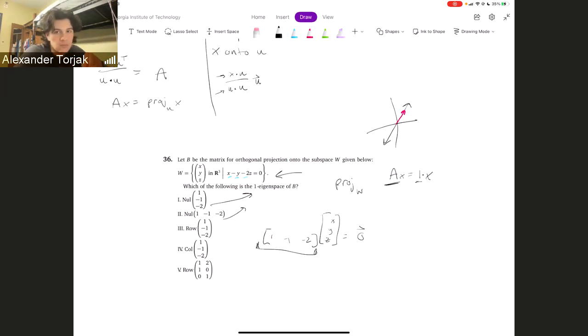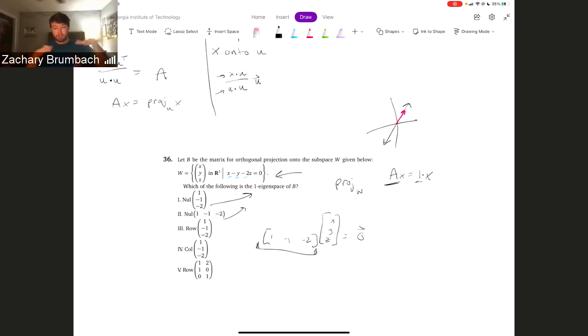Yeah, if you're projecting onto it, think of it like this: the notation is just telling you to construct a plane. It's not saying the space W is the orthogonal projection. It's saying this is the plane we're projecting onto. So it's asking you to find whatever vectors.